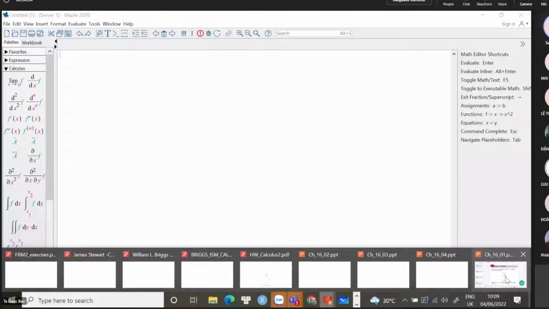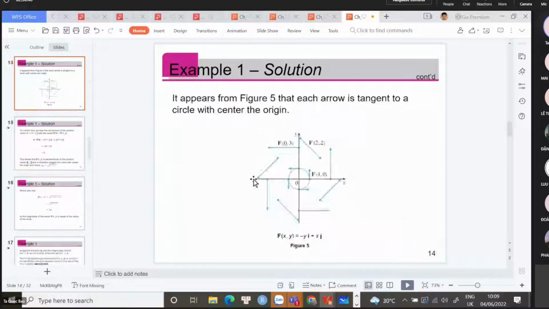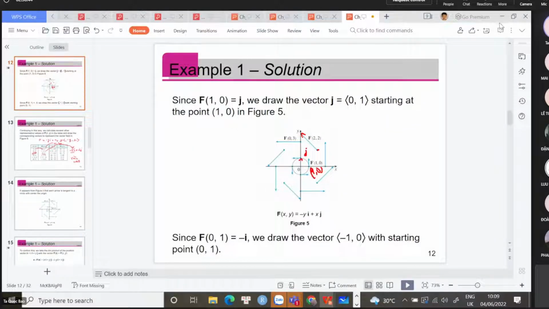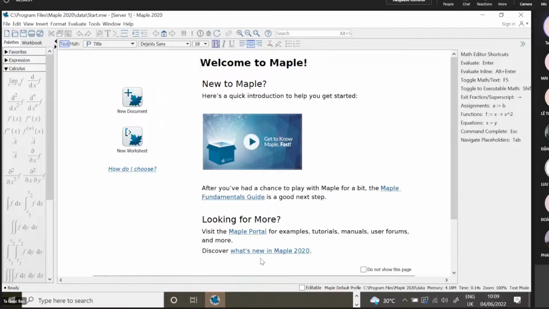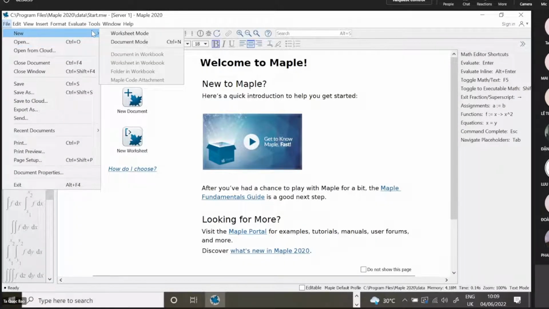Because if you draw by hand like this, you choose this value and then draw, it maybe takes more time. However, by using your computer, then you can plot every vector field.